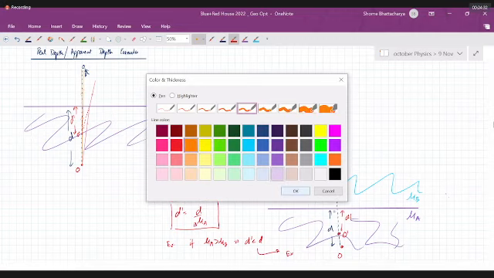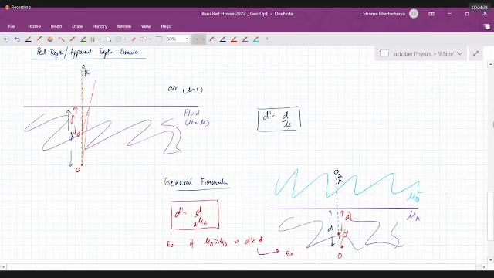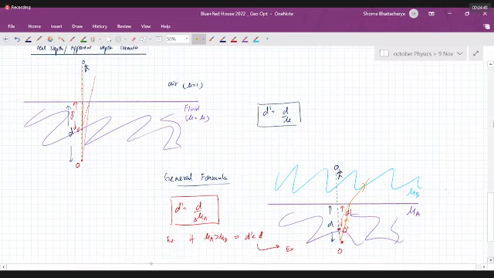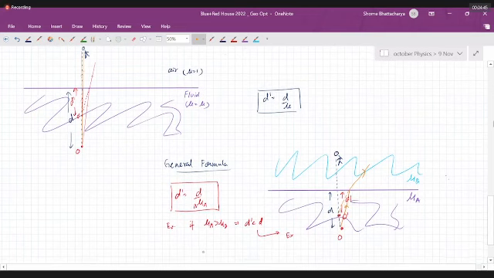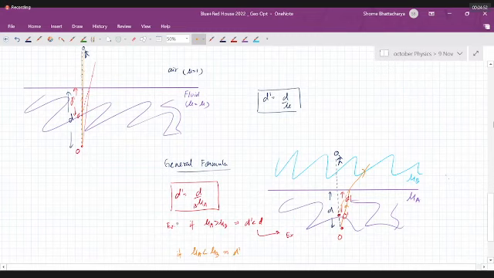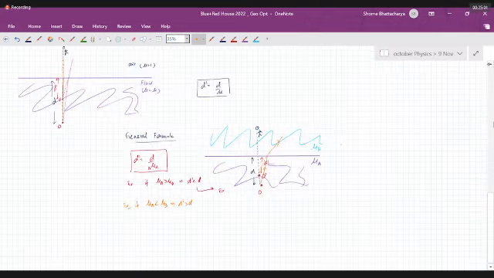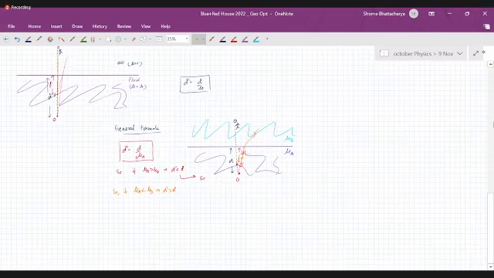We have imagined the rays are bending away from the normal because B has a lesser refractive index than A. But there can also be a situation where mu A is less than mu B. Then what will happen? D prime will be greater than D. This is also possible. So we will look at the application of this a little carefully now. But the main thing is you remember this formula in terms of the refractive indices of both of these.